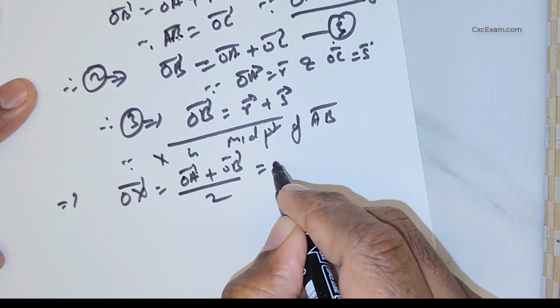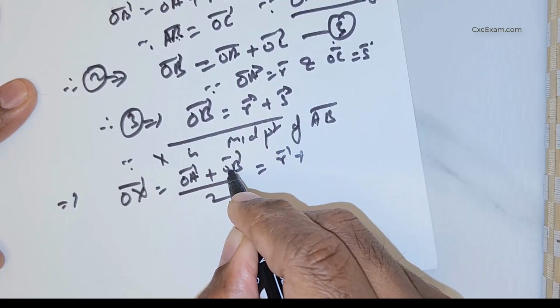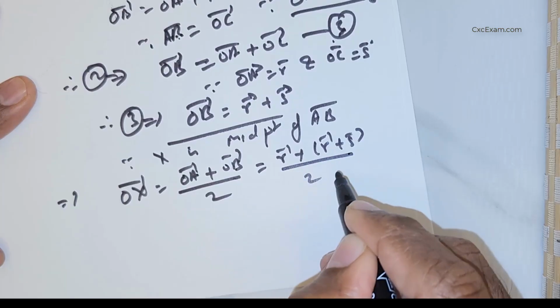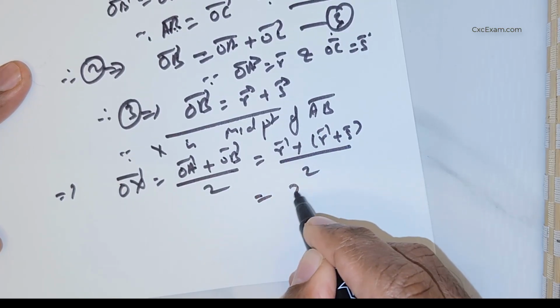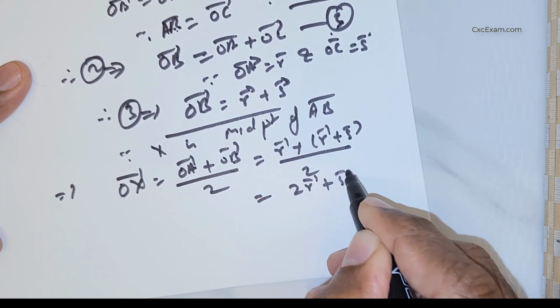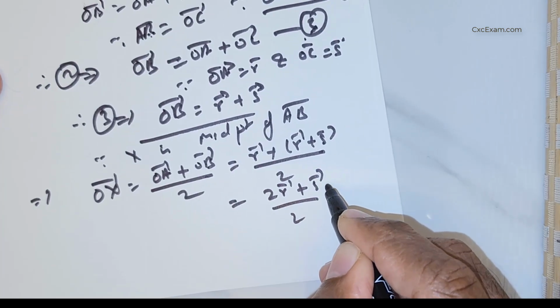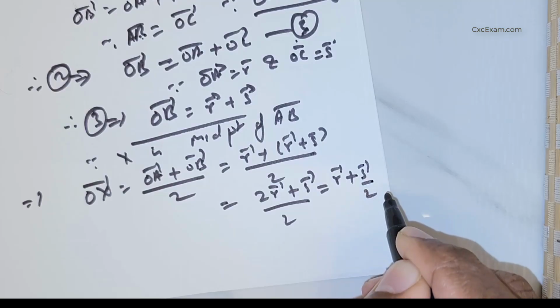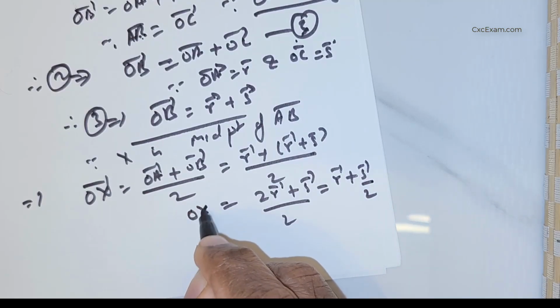OA vector is R vector, OB vector is R vector plus S vector, divided by 2, which is 2 times R vector plus S vector divided by 2, which is nothing but R vector plus S vector divided by 2. This is OX vector.